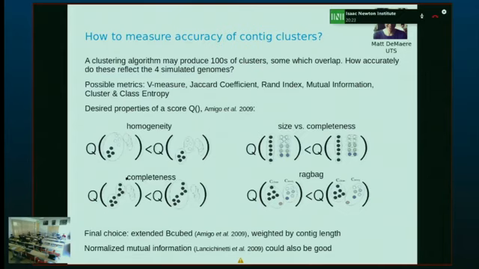Well, this is tricky for two reasons. The first being that an individual contig may be a product of multiple different genomes. And so when we make these assemblies, we lose track of which reads went into the contigs because the de Bruijn graph assemblers don't give you that information.